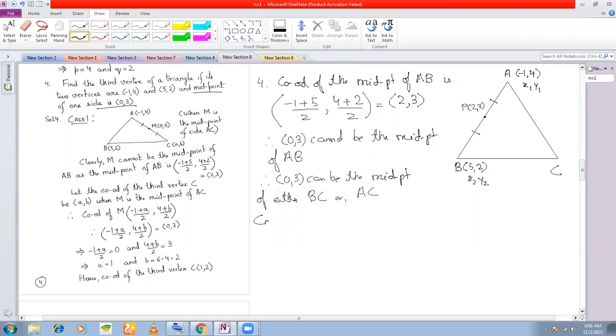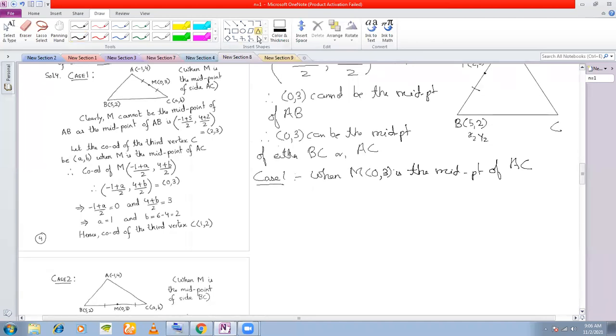The first case here is when, let us say, M(0, 3) is the midpoint of, let's consider AC. Suppose it is the midpoint of AC. That means we draw this figure once again.